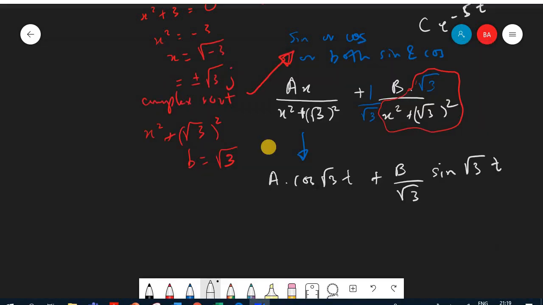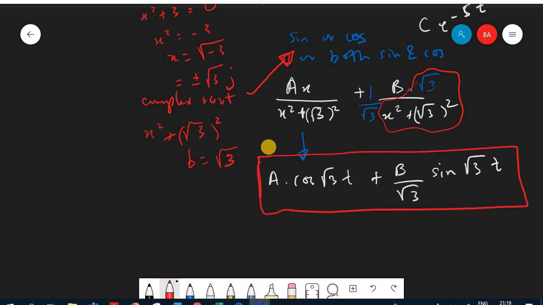Beautiful. So what I have done here is just show you how to get the answer for the terms that I have here directly, without of course computing a and b, because computing a and b is just straightforward. You multiply by the denominator, substitute values of s, and find a and b.